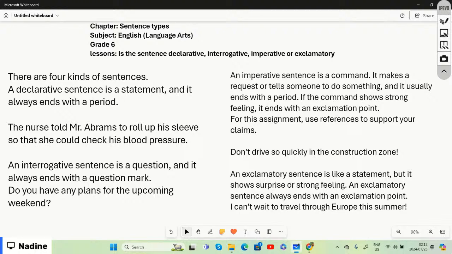When it comes to an exclamatory sentence, it is like a statement. It is like you just randomly saying something.